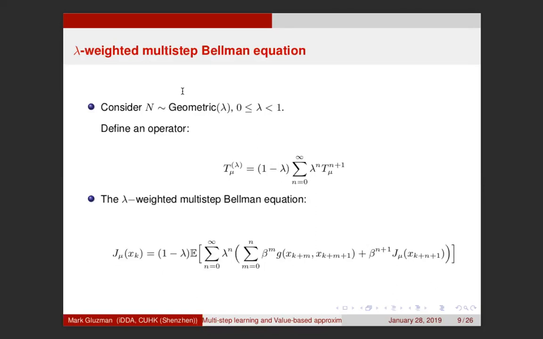Okay, so is there no reason for the geometric distribution? You could choose another distribution in theory, right? In theory, yes. But if we choose this distribution, then the sums in the last line are finite. In theory, of course, you can choose any distribution such that the weighted average of these operators is finite.